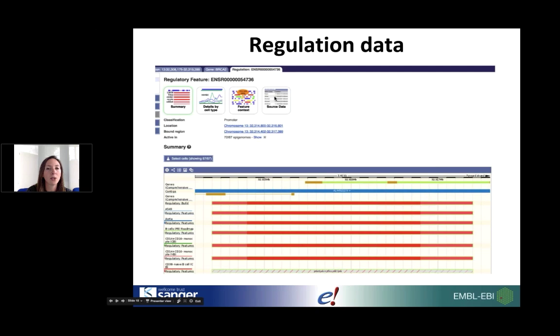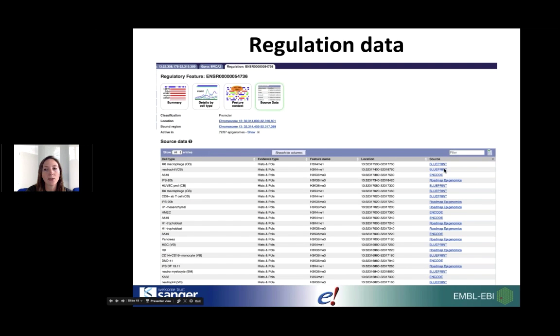If you want to find out where the data came from that we used, we'll click on source data, and that tells you that Roadmap Epigenomics found this feature, as did the Blueprint and the ENCODE projects. So you can click on any of these links and find out more about where the data came from.